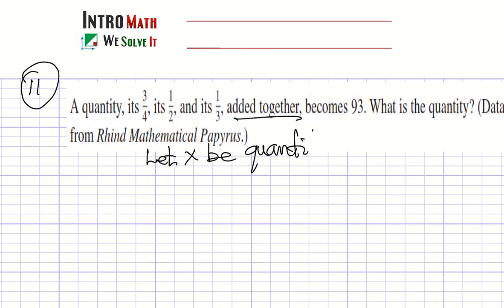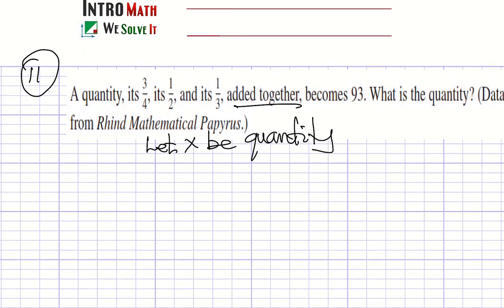The quantity or the number. Okay, see the way they said it, if you don't pay meticulous attention, you miss something. You see, they say a quantity, that's x, and then that quantity is 3 over 4, which is 3x over 4, and then that quantity they have x like that.